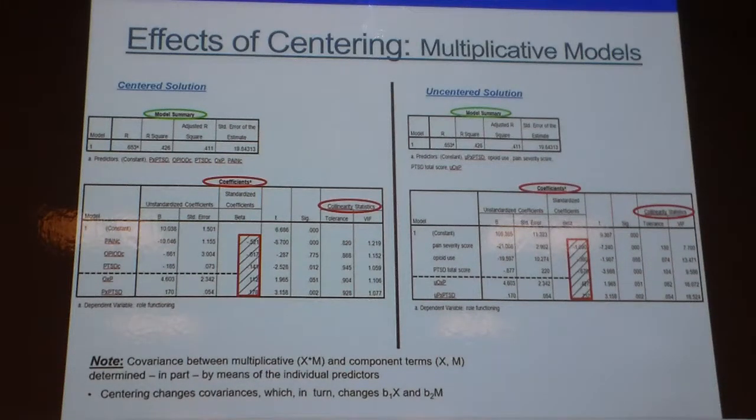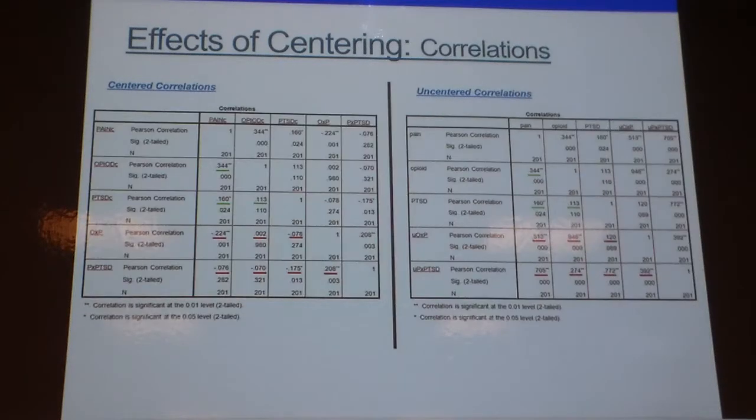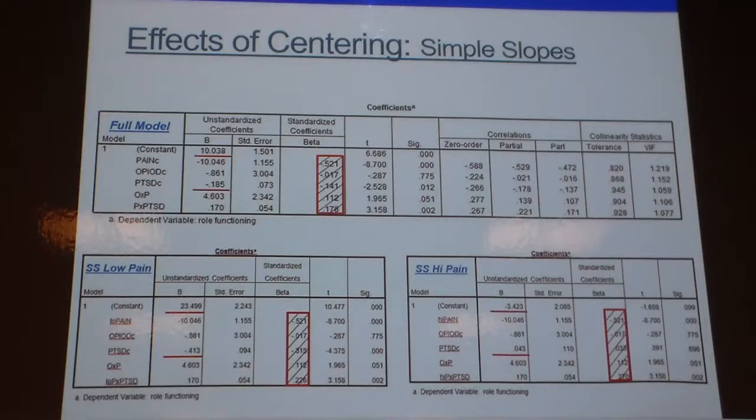How do those tolerance values look there? Look at your own printout. How do my tolerance and VIFs look in the uncentered solution? Bad, right? That's what collinearity looks like. Centering helps reduce some of that collinearity, and it's also going to help us simplify our simple slopes when we jump into those, okay?